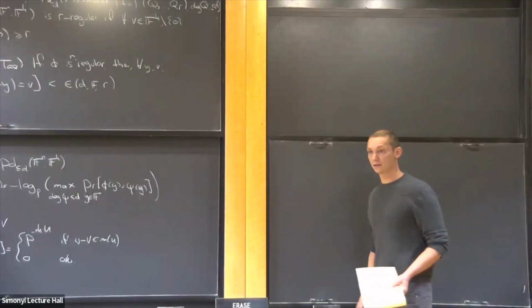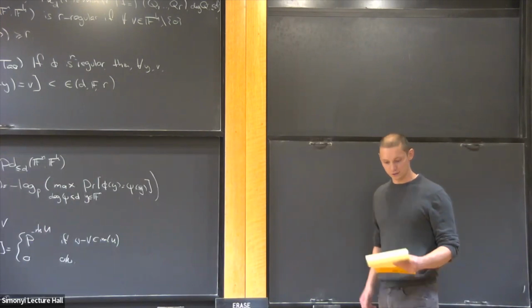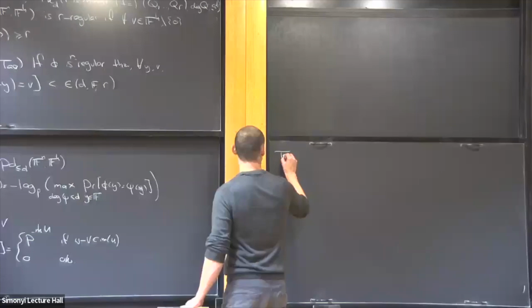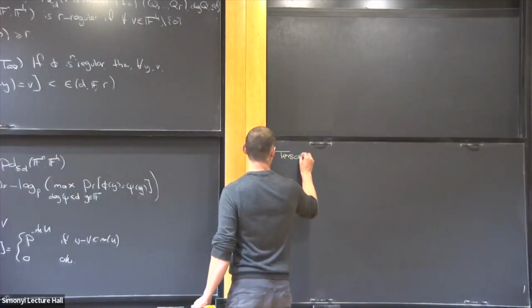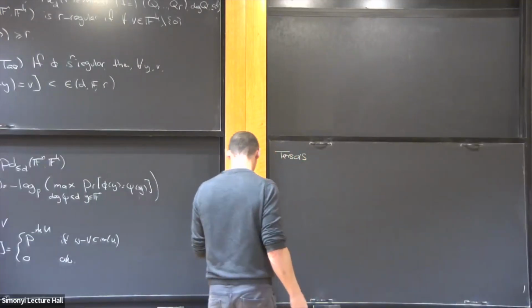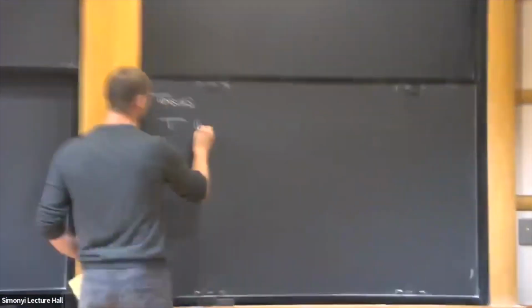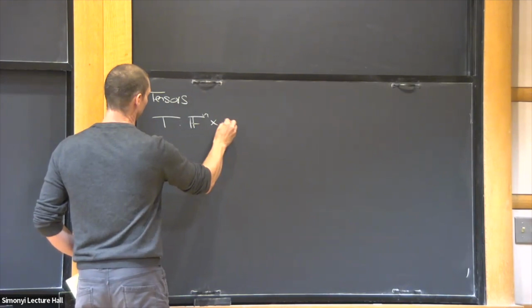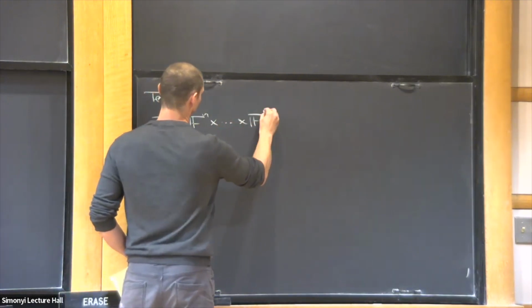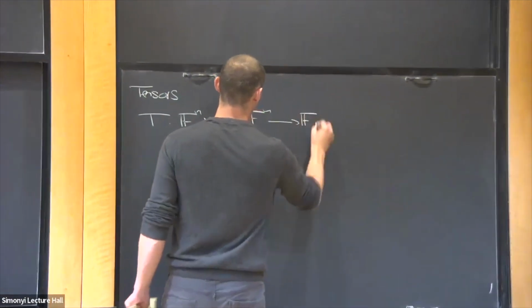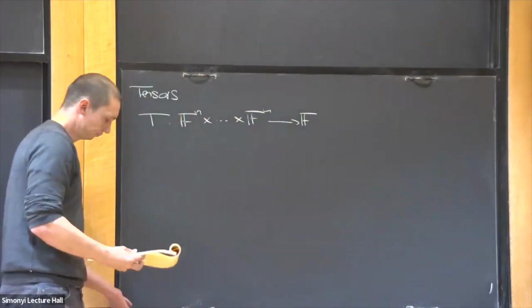It bears similarity to something called analytic rank that was defined for tensors by Gowers and Wolf. A tensor can also be considered as a multilinear map. So say a D tensor, that's multilinear on the Cartesian product of D copies of F to the n.